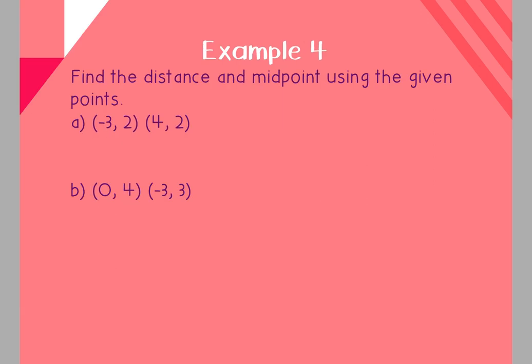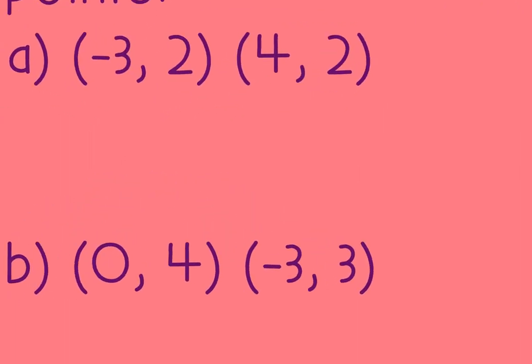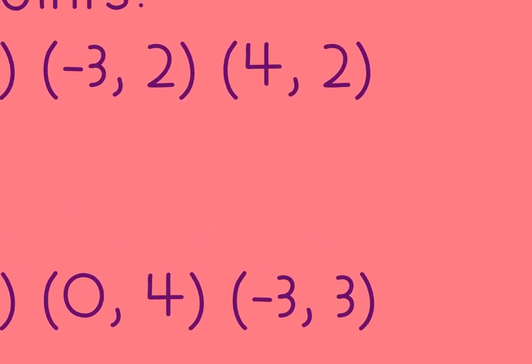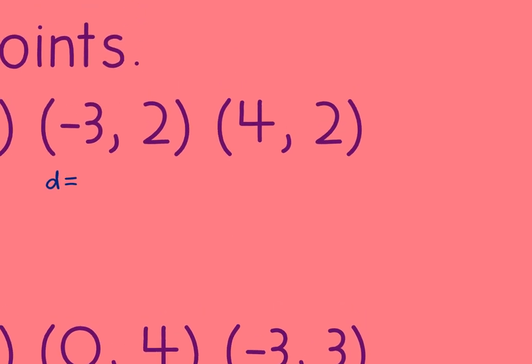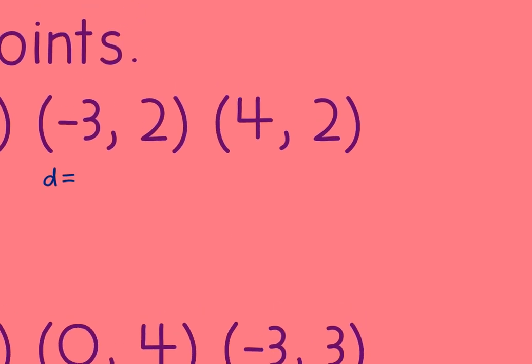All right, so this one just says find the distance and midpoint using the given points. So we're literally just going to find both. I'll do A with you and then you'll do B. So A, my distance, and it doesn't matter which ones I make the 1s and the 2s as long as I'm consistent. So if this is x1, this has to be y1. I could have made it x2 and y2. And then this would be x2, y2.